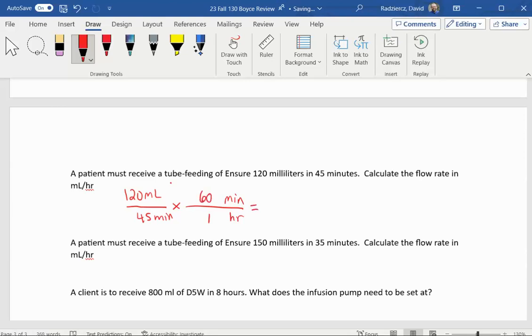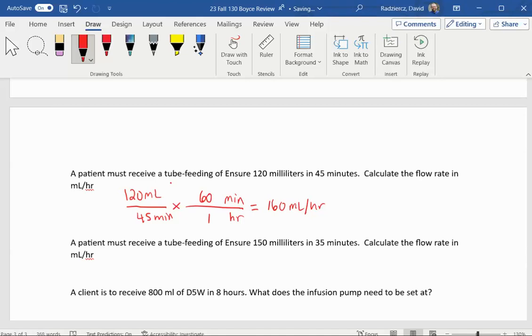So if you're doing this with your calculator, and this is how I do this, after I set it up, I take 120 times 60, and I get 7,200. I don't do anything with that 7,200. I just leave it in the calculator. And then I hit divided by 45. And when I do that, I'm going to get 160 milliliters per hour, as someone also mentioned in the chat.